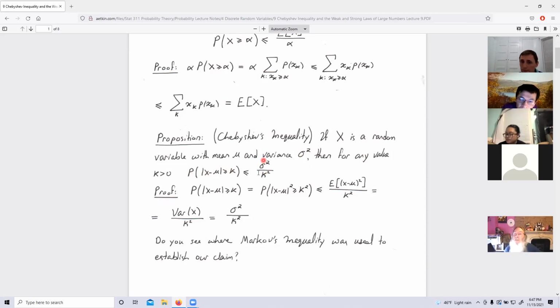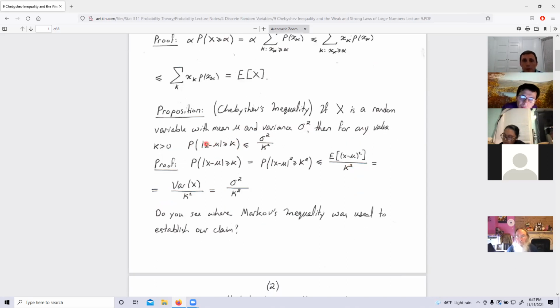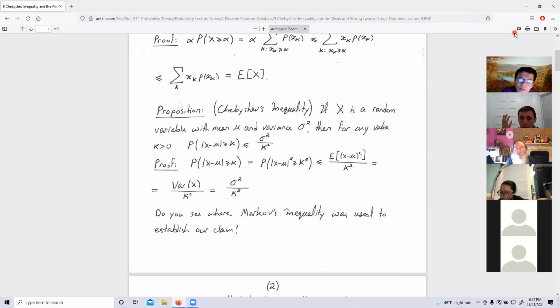So it gives you an estimate that X is away from mu by more than K units. Now, how can we prove that? Clearly, the absolute value of X minus mu is a non-negative random variable because we take the absolute value, so it's 0 or more, right?